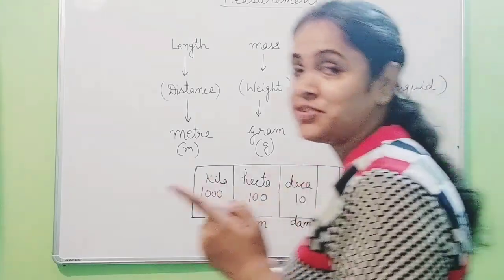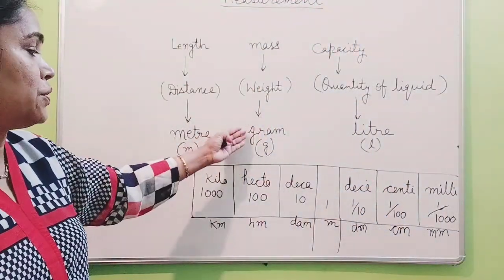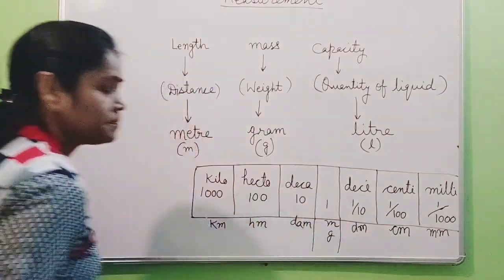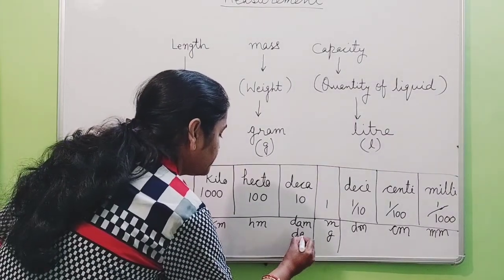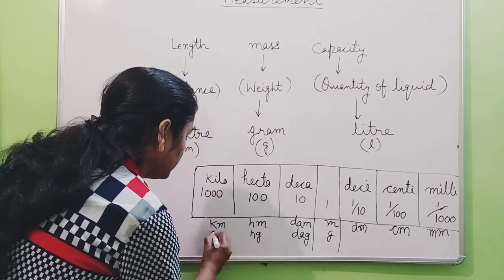Similarly, if you are measuring mass, your standard unit is gram. So you will write decagram, hectogram, kilogram.